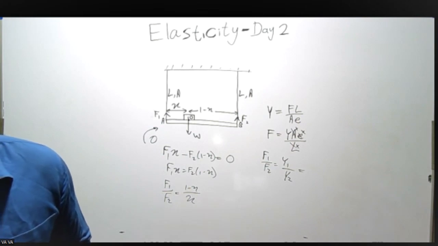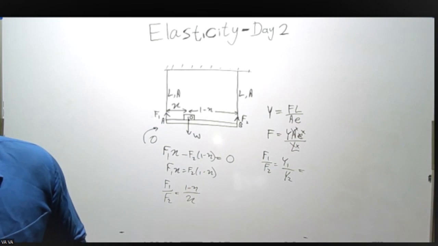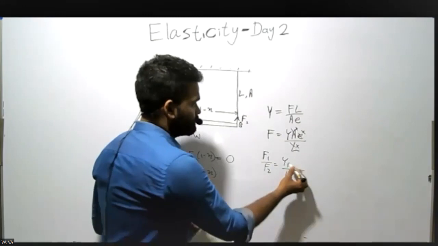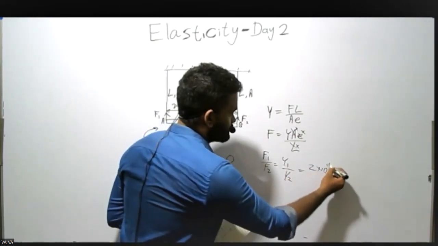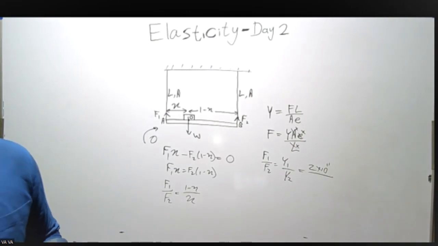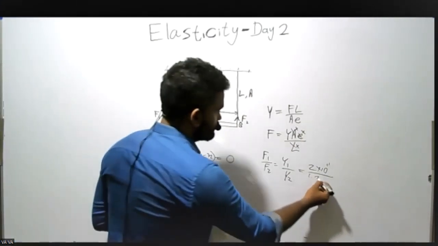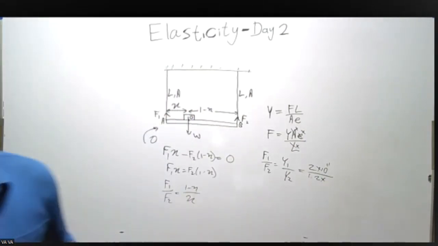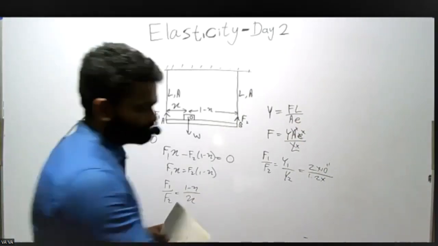You don't have to remember them, the value is given on the paper. For steel, the value is 2 times 10 to the power 11. The other one is copper, which is 1.2 times 10 to the power 11.